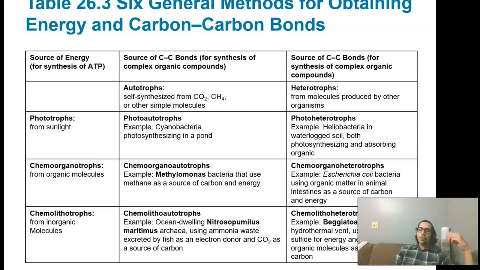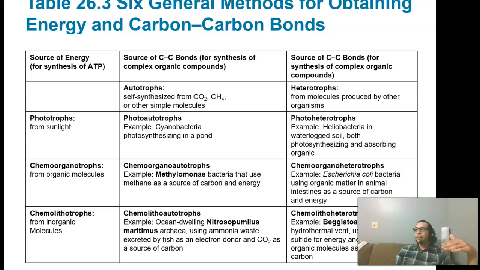If the source is sunlight, then you know that the first part of the name is going to be a phototroph. If they're getting ATP from chemicals, then you know it's going to be a chemotroph.